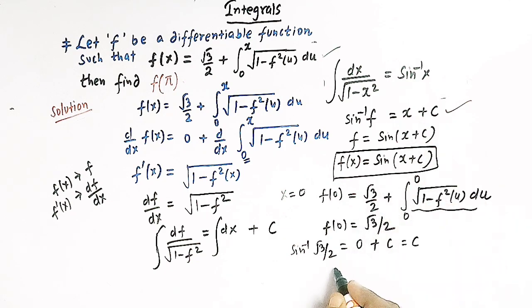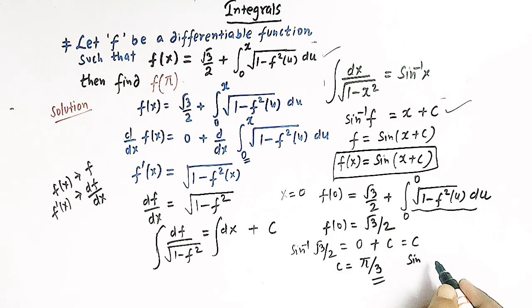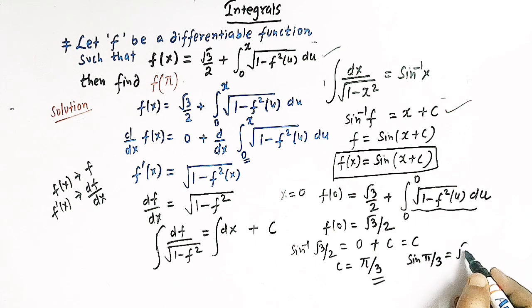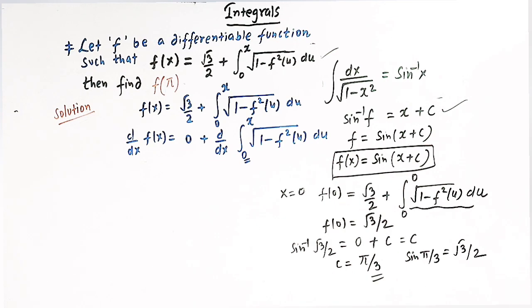So c is equal to sine inverse square root of 3 over 2, which is equal to pi over 3. So sine 60 degrees, that is sine pi by 3, is equal to square root of 3 over 2. So the value of constant of integration c is equal to pi by 3.